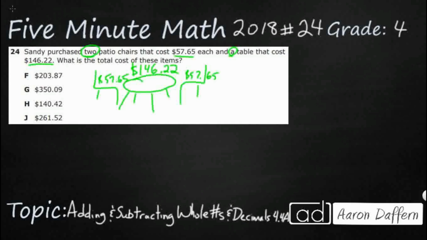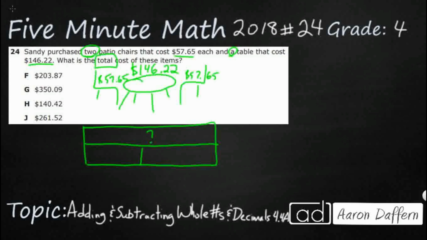And so if I wanted to see what I need to do to find the total, we could also represent it here just to verify that we're going to use the correct operation. We also have a part whole, or in this case it's actually going to be a part whole.